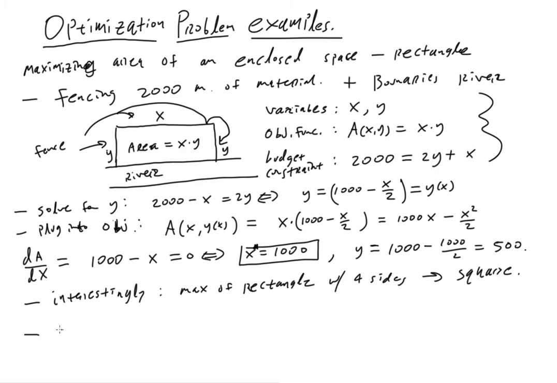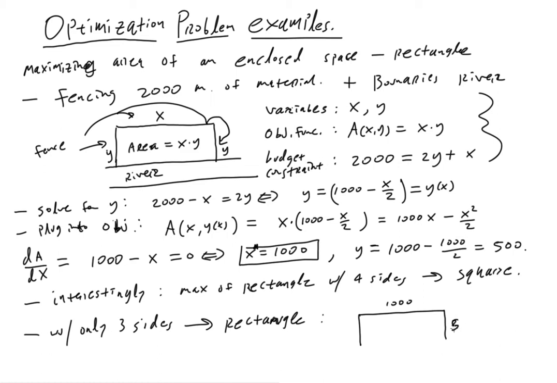However, here, with only 3 sides, we got one side for free because of that river. What we got is actually a rectangle. In fact, it had a specific aspect ratio. We had 1,000 on one side, we had 500 on the height. So this had a 2-to-1 aspect ratio.